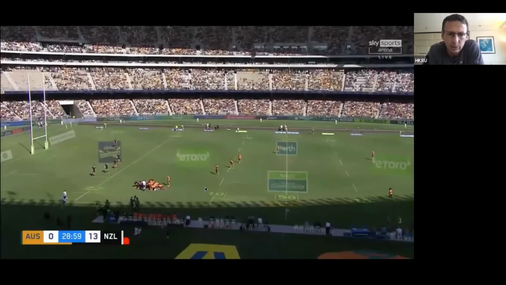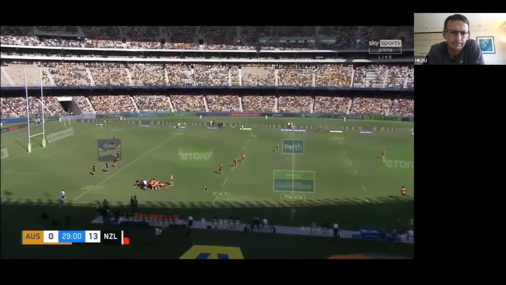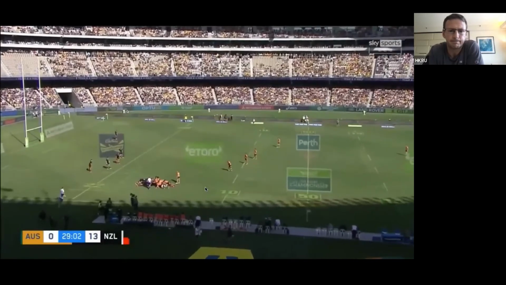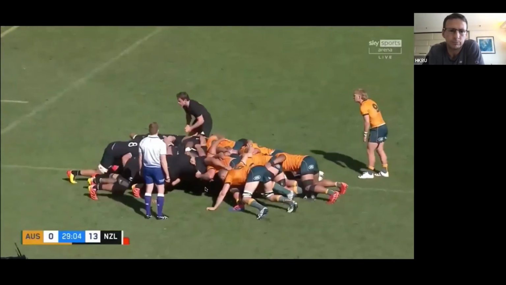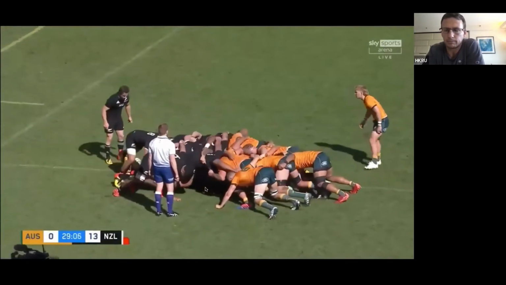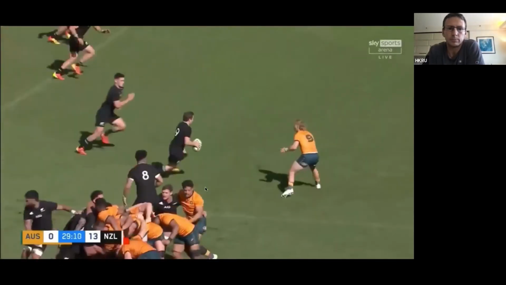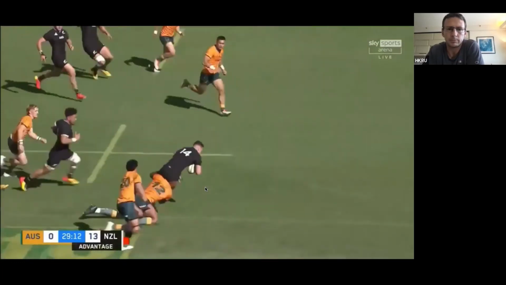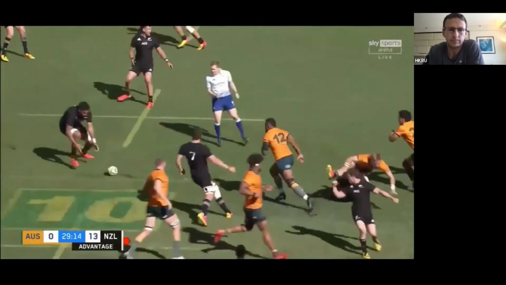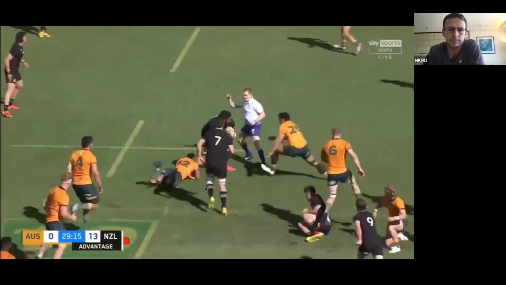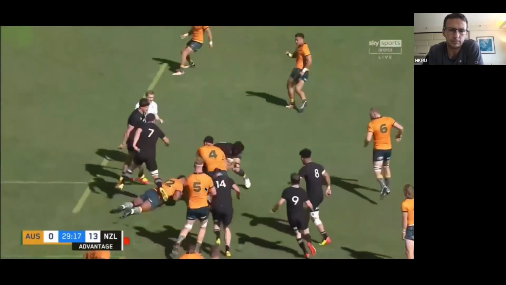Okay. 29 gone. New Zealand up by 13, but down to 14 men for the next 17 minutes, and putting huge pressure on you. There's Jordan. Doing it quickly, away for Ioane. Bounces off Samu.